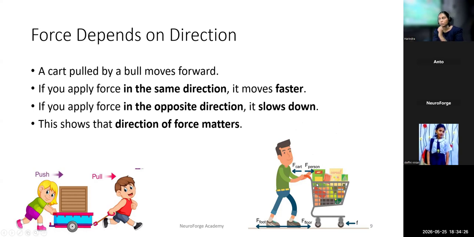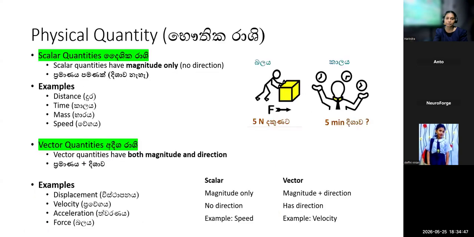F cart doesn't want to move, but the person wants to move it. Due to this F cart, or the frictional force, the person has to push this cart with more effort, which means the object slows down. Okay, that's the theory of force depends on direction.